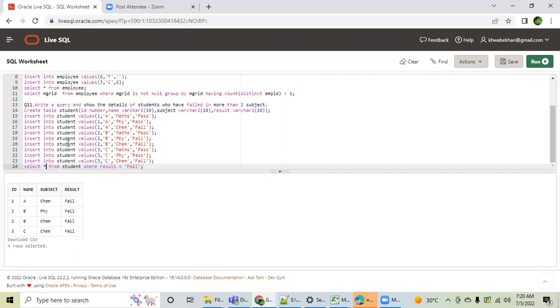Count of what do I have to find? Star or what? Result. Okay, ID. Any ID? Count of result, count of ID. Fine. Any other thought?